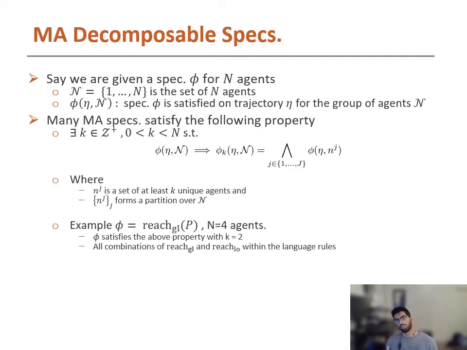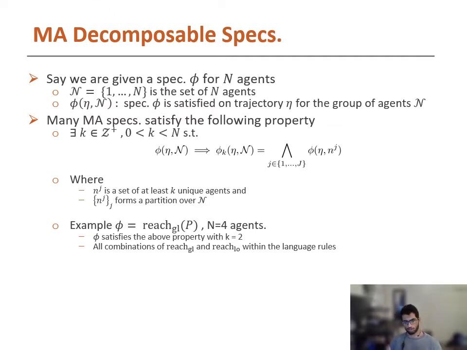Now, if you find a k, which is a number less than n, that has the following property, where phi being satisfied for all n agents means that it's satisfied for all agents in a partition of n, where we see each group individually, and each partition group has at least k unique agents.